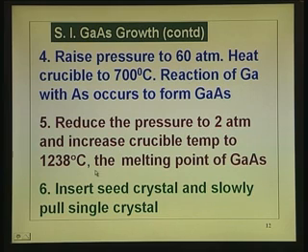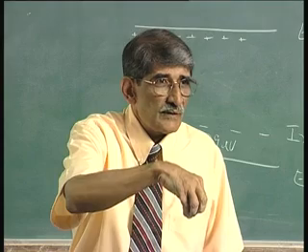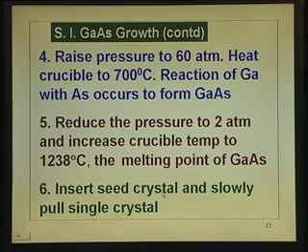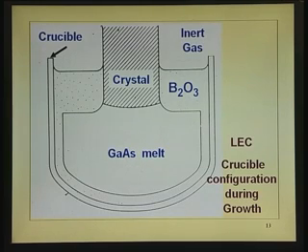Increase the crucible temperature to 1238, that is 1234 plus 4, the melting point of our gallium arsenide. Then insert the seed crystal with 100 orientation, pull, rotate and pull. That is the Czochralski technique, and this is what you see here.